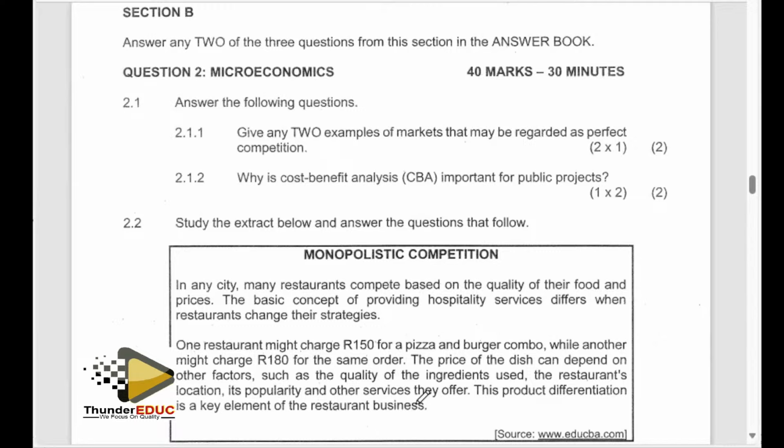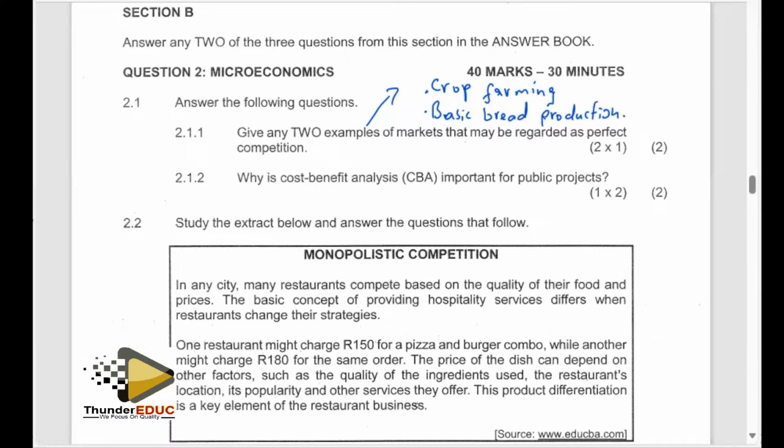So now this includes crop farming or basic bread production.